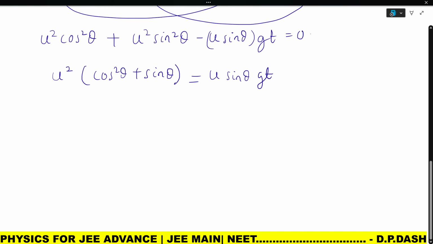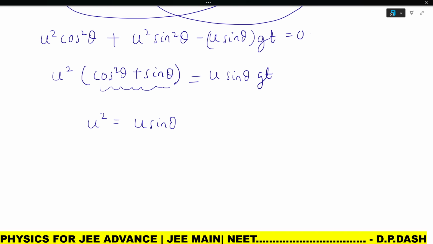Further solving this, the term becomes 1 here, so you can write u square equals u sin theta into gt.